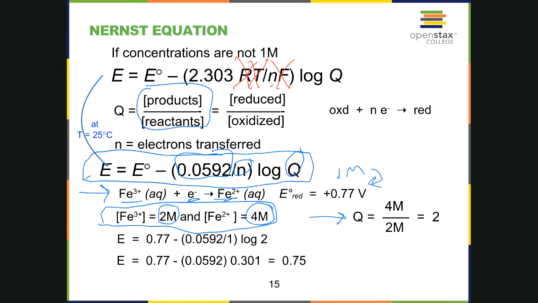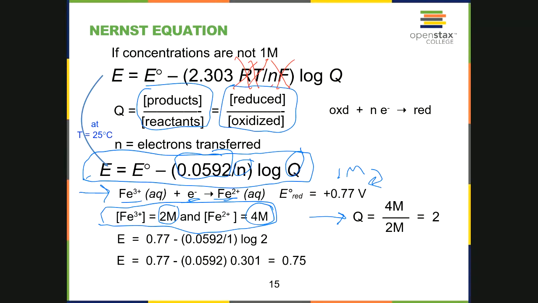That is, it's always the product over the reactant. So for these reductions, the product is whatever is reduced, and the reactant is whatever is oxidized.